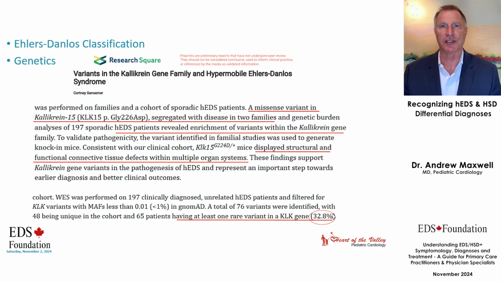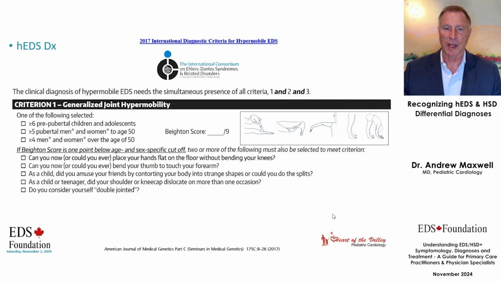They actually inserted the variant gene into mice and found that those mice displayed changes consistent with hypermobile Ehlers-Danlos syndrome. So they then turned their attention to producing a set of criteria to help identify patients with hypermobile Ehlers-Danlos syndrome. And that was in 2017.